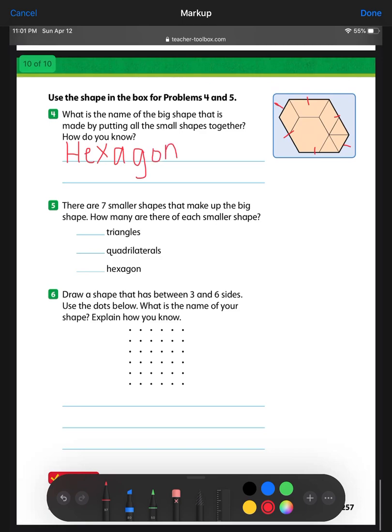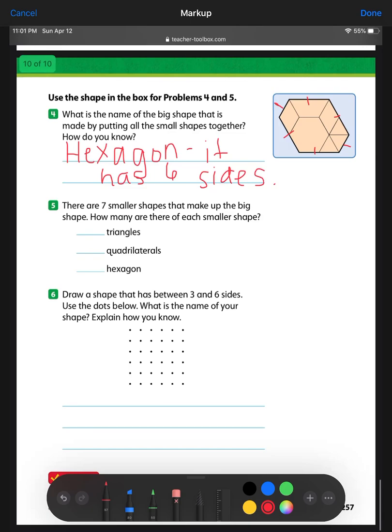Hexagon. Now our second question was, how do you know? We know because it has 6 sides. All right, let's read the next one.